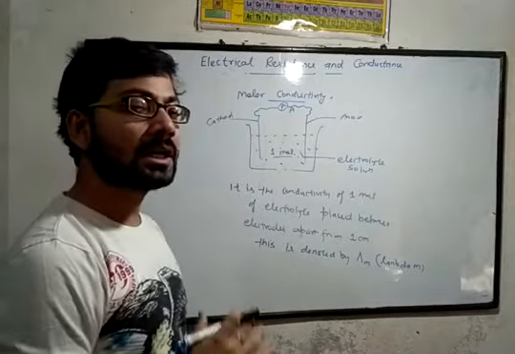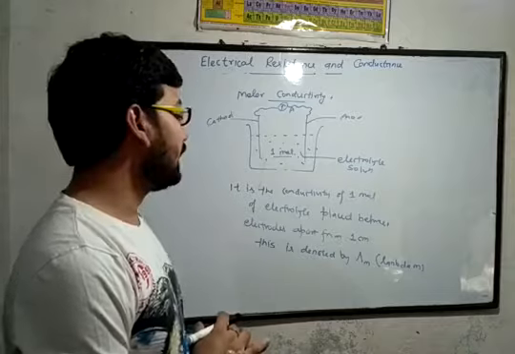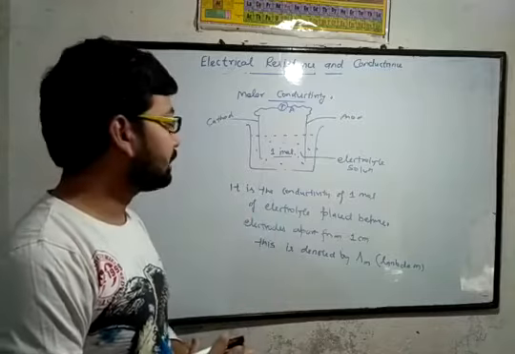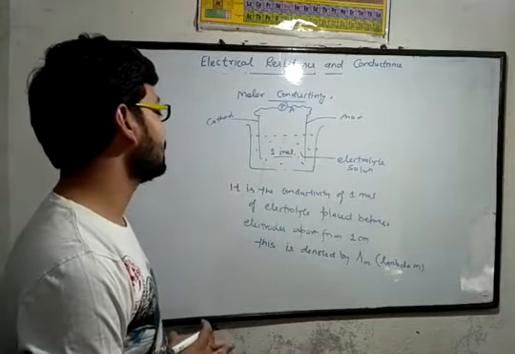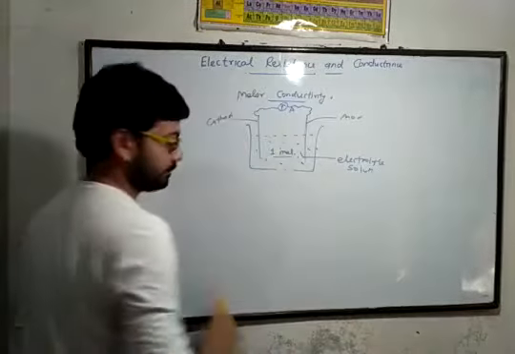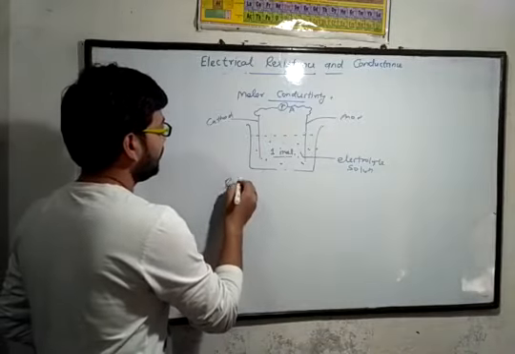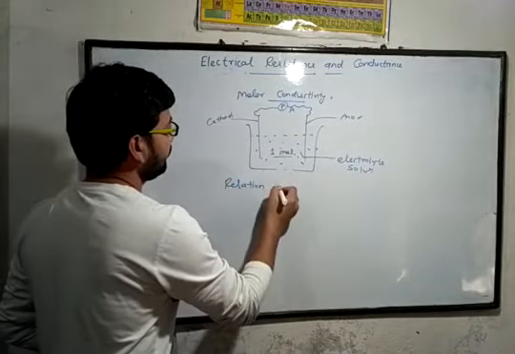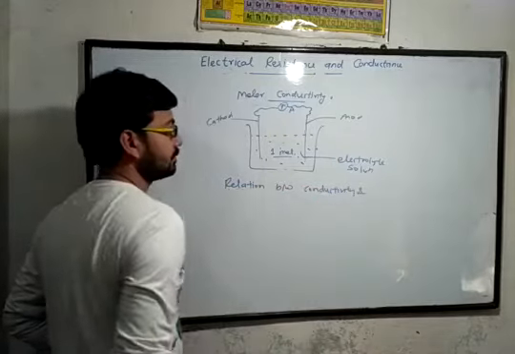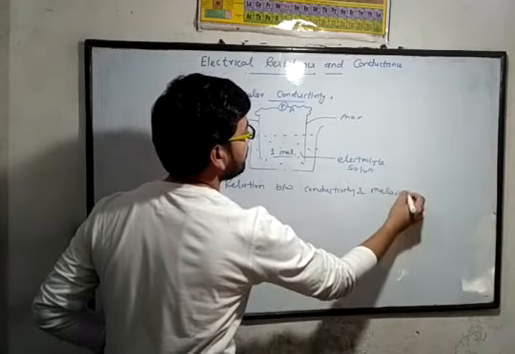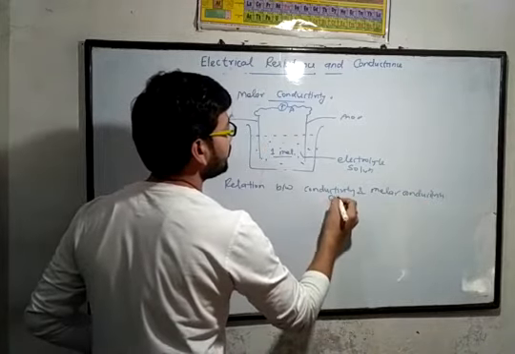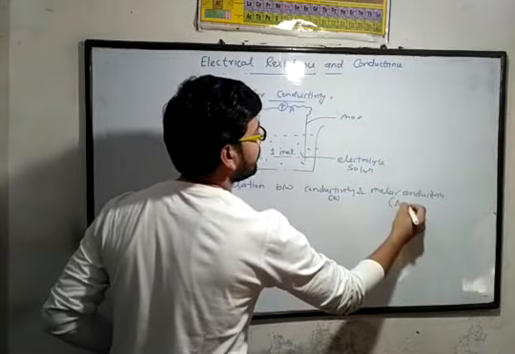Now the relation between specific conductivity and molar conductivity. As you know, the conductivity is denoted by K and molar conductivity is denoted by lambda m.